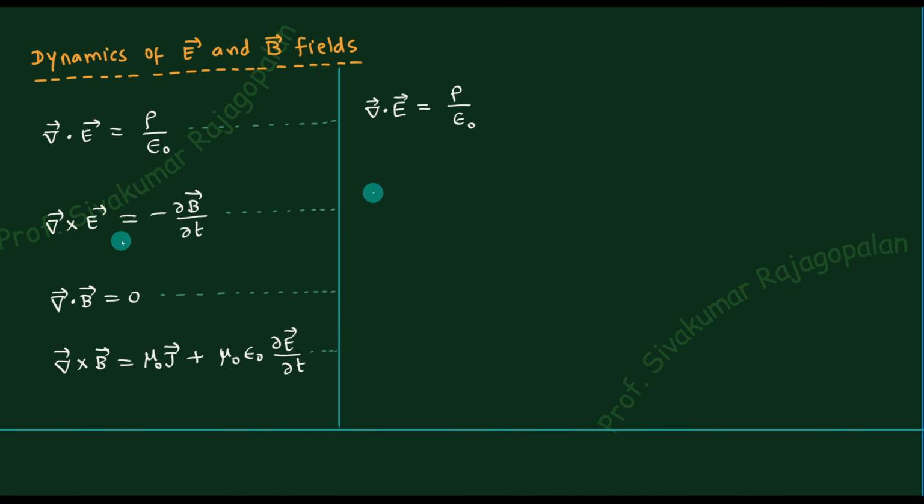Coming to the second equation, what are the unknown quantities in this expression? The electric field is an unknown quantity and the magnetic field is also an unknown quantity, because they are the quantities to be determined. The entire story of electromagnetism is that we have charge densities and current densities.